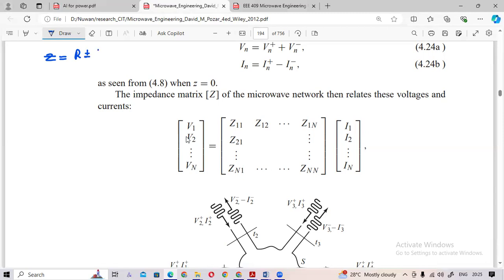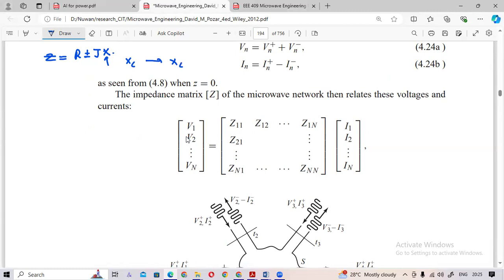This reactance part may be capacitive or inductive.